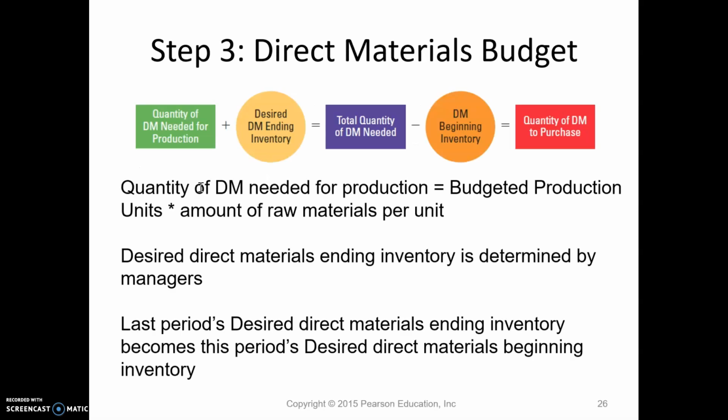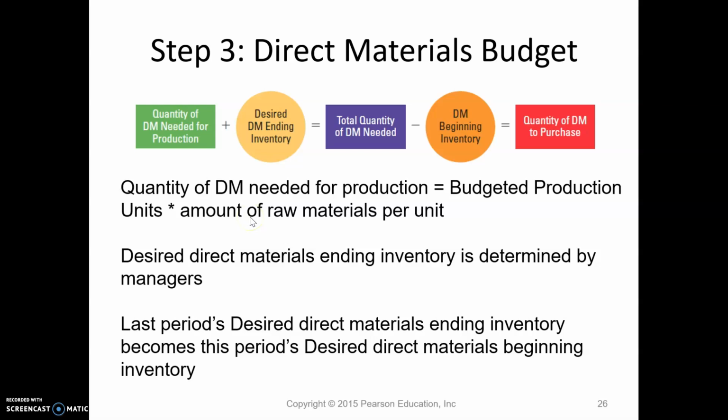Okay. So our starting point for the direct materials budget would be the quantity of direct materials needed for production. In order to get that, we have to get the units to produce from the production budget and multiply it by the amount of raw materials per unit.